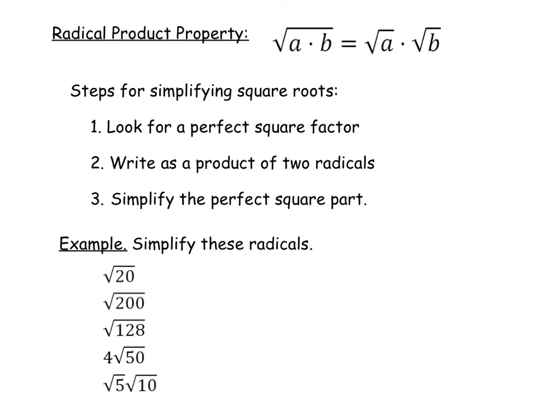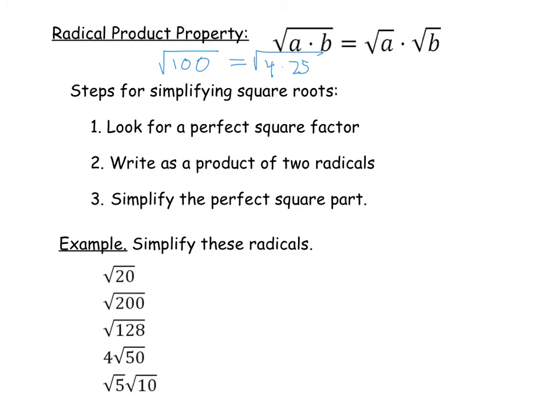So that brings us to something called the radical product rule. And what that is, is this. If we have two numbers multiplied under a square root, we can break them up into 2 square roots. Okay? In other words, if we have the square root of 100, for example, 100 is 4 times 25.